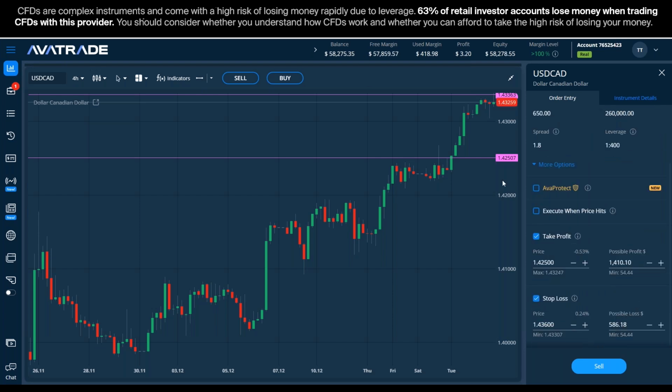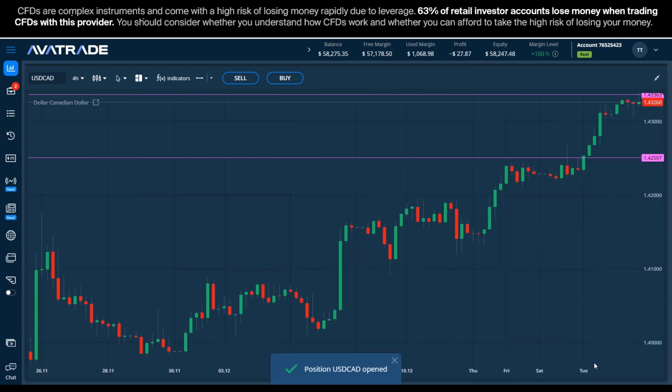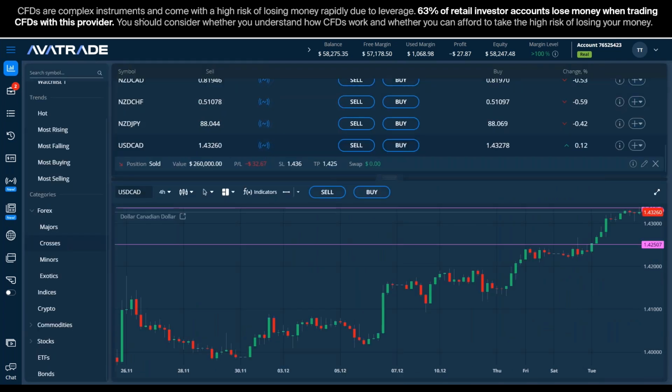That's got me about 1% of my balance, to go after double that or more than double that. And so if I like the setup, then I'm ready to go on a short-term move, with the resistance level above and the support level below with our sell.